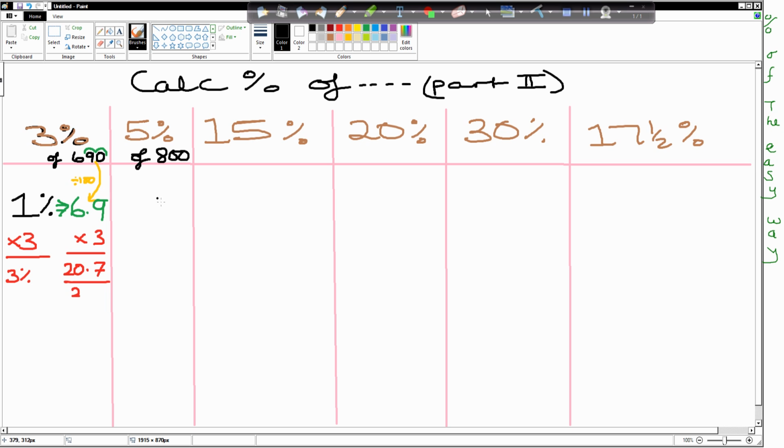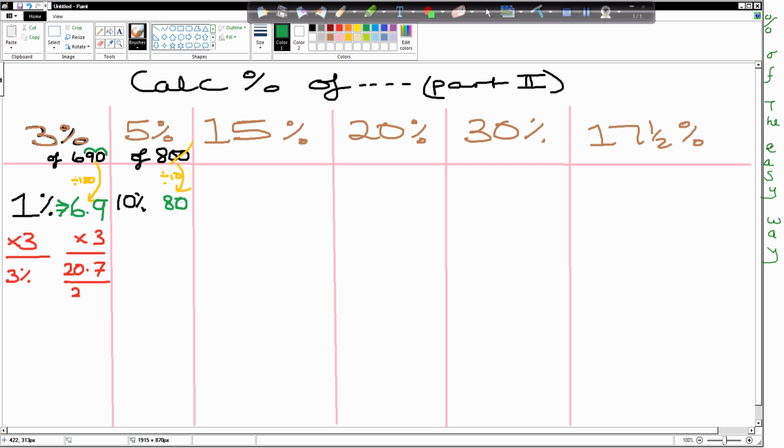Right, Fahmi, give us the idea for this question. What do we do? We first of all work out 10% then divide it. So you work out 10% first of all, because 10% is dividing by 10, knock off a 0. So 10% will give us 80.